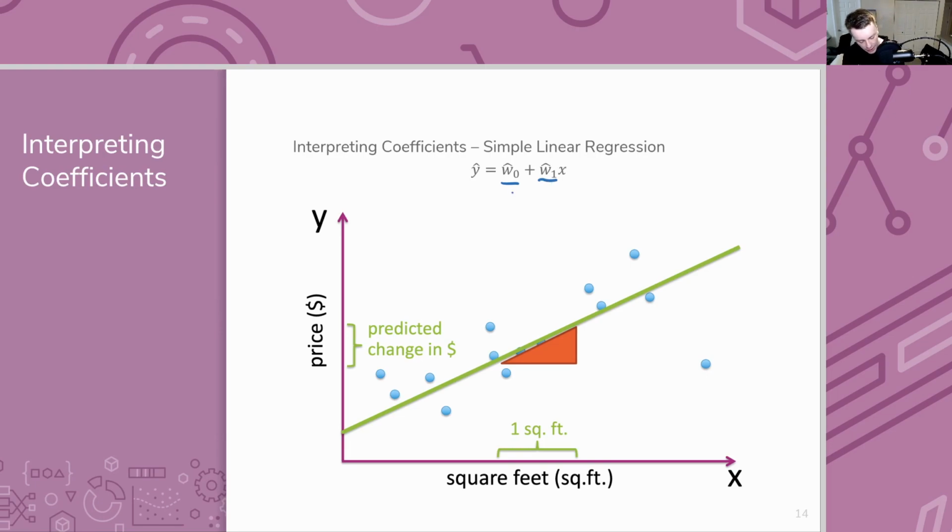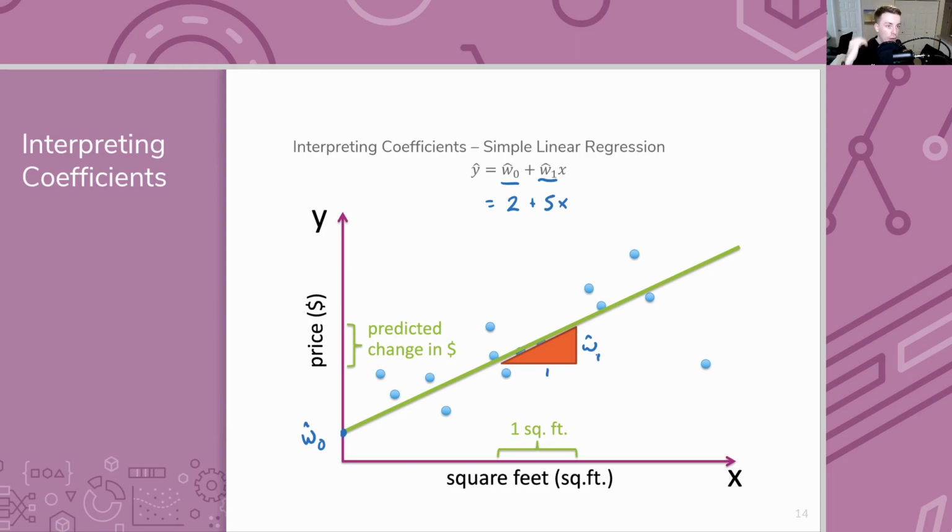Like, if you learn the equation 2 plus 5x, you know that the intercept is going to be your estimate for W0, and the slope, the rise over run, is going to be your estimate for W1.